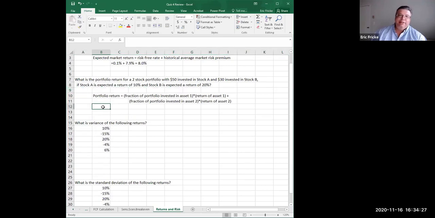Let me point out one thing. You notice how the equation says fraction of portfolio invested in one? I think it was on a homework problem or in the slides, I told you what percentage of the portfolio was invested in stock A and what percentage was invested in stock B, or 1 and 2, whatever.